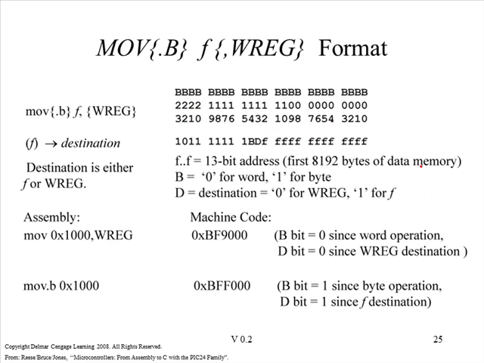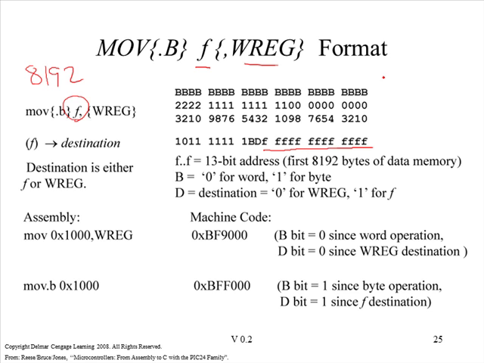This shows the machine code format for the move value from file register to working register. We're showing this to illustrate a point. The reason for the limitation that this can only be in the first 8,192 bytes of data memory is because in this machine word there's only room for 13 bits to specify the address.